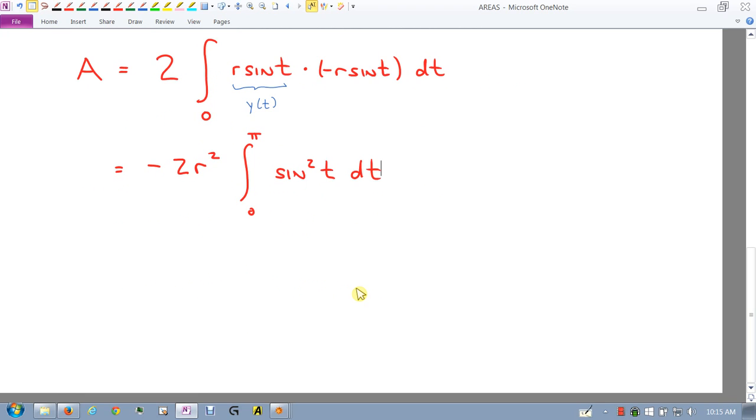How do we integrate sine squared t dt? What do we use? Half angle identity. So I'm going to turn this into negative 2r squared integral 0 to pi, and that turns into 1/2 minus 1/2 cosine what? 2t dt.